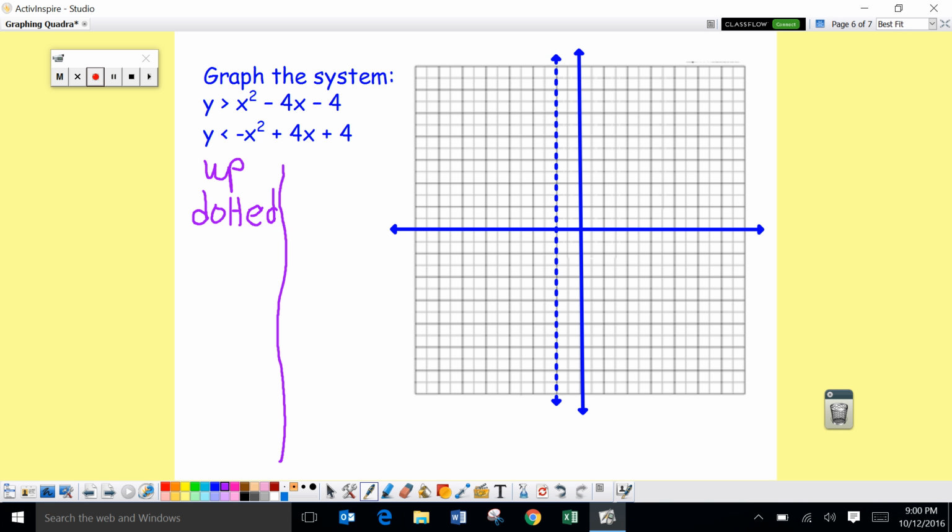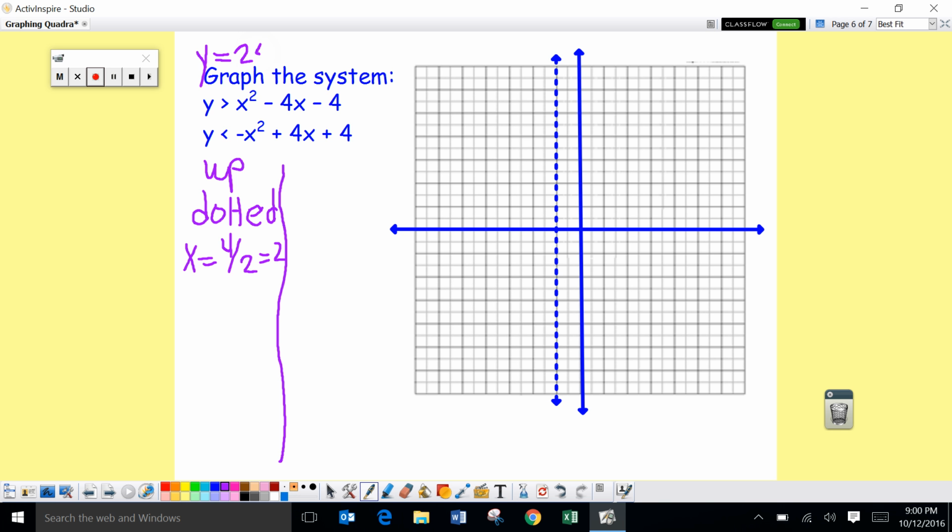Next, I'm going to find my axis of symmetry. X is equal to negative b over 2a. The b is negative 4, so the opposite will be 4, divided by 2 times a. A is 1, so 2 times 1 is 2. So my x value is 2. I'm going to substitute the x value of 2 into my inequality. So I have y, I'm going to change it to equals.